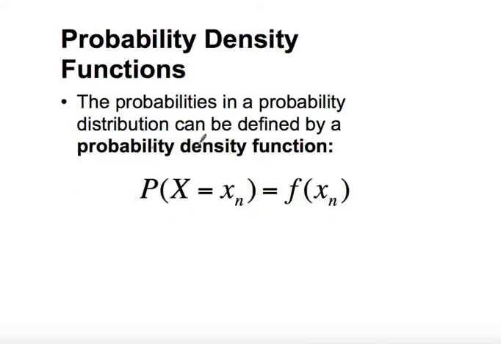A little bit more content: probability density functions. Probabilities in a probability distribution can be defined by a probability density function. What this means is that we can have some sort of function which actually calculates the probability.